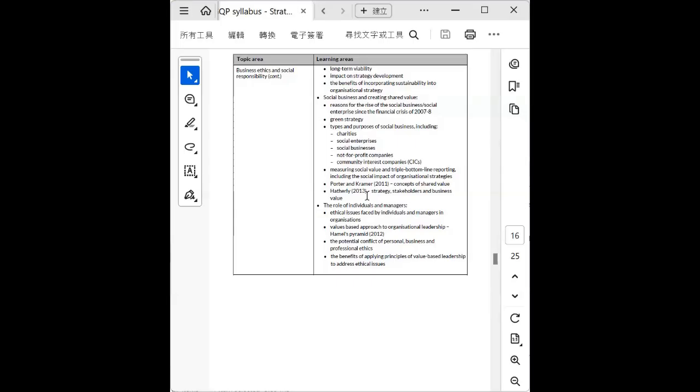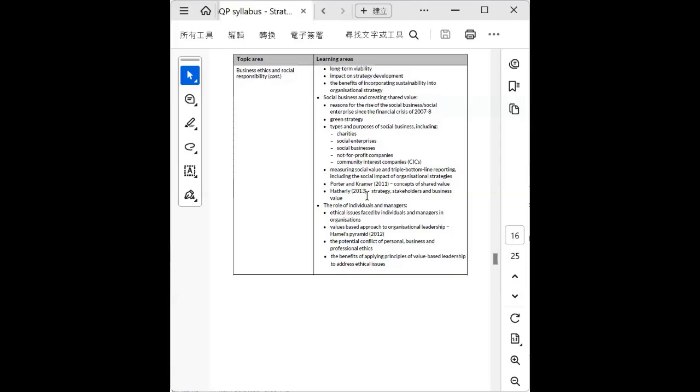Porter and Kramer's concept of shared value argues that business can generate economic value in a way that also produces social value. Shared value is created when companies address social challenges through a profitable business model. This framework shifts from peripheral activities to core strategic functions. It also focuses on innovation and competitive advantage.